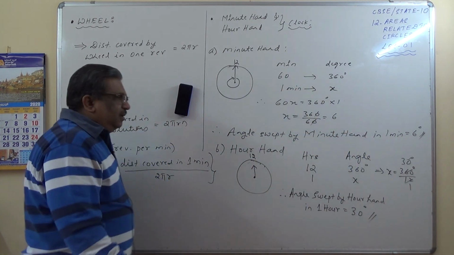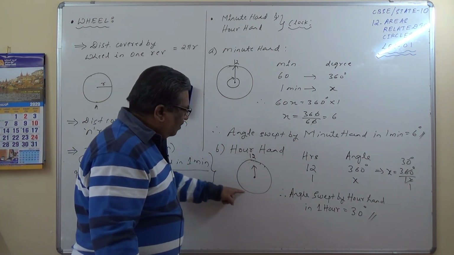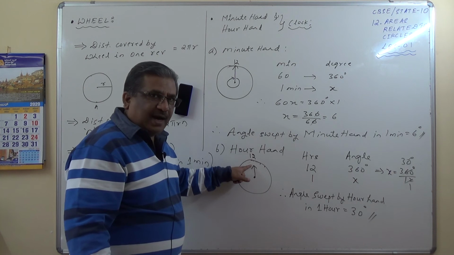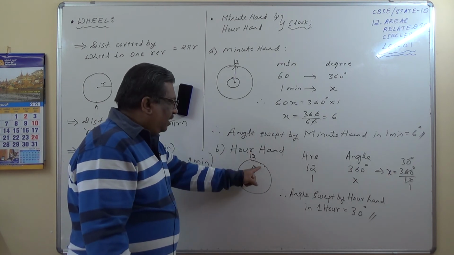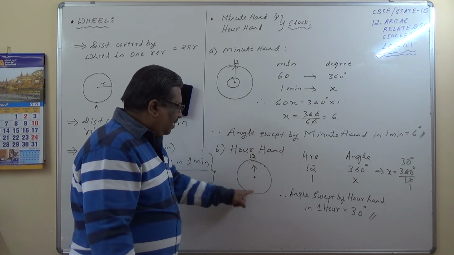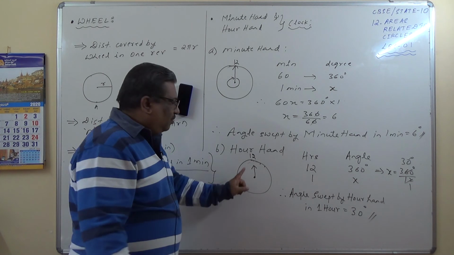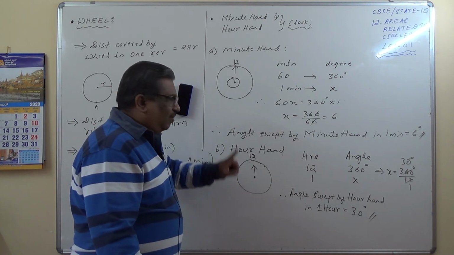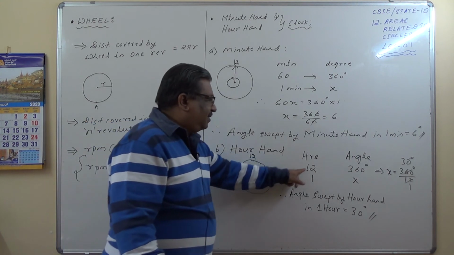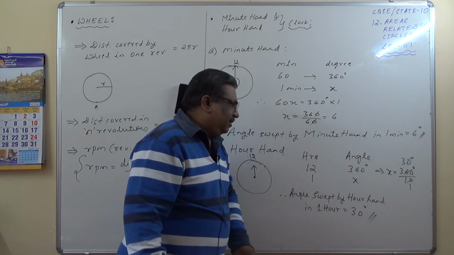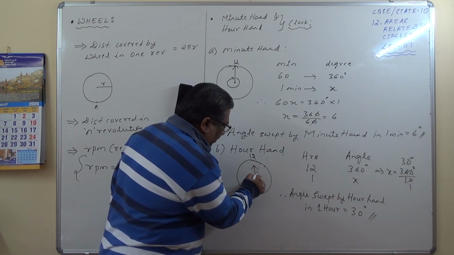Is it correct? So angle swept by, for example, it will undergo one complete revolution, hour hand I am talking about, in 12 hours. 1 hour, 2 hour, 3 hour, 6 hour, then 9 hour and 12 hour. So 12 hours corresponds to 360 degrees. So 1 hour, that means this will be here.